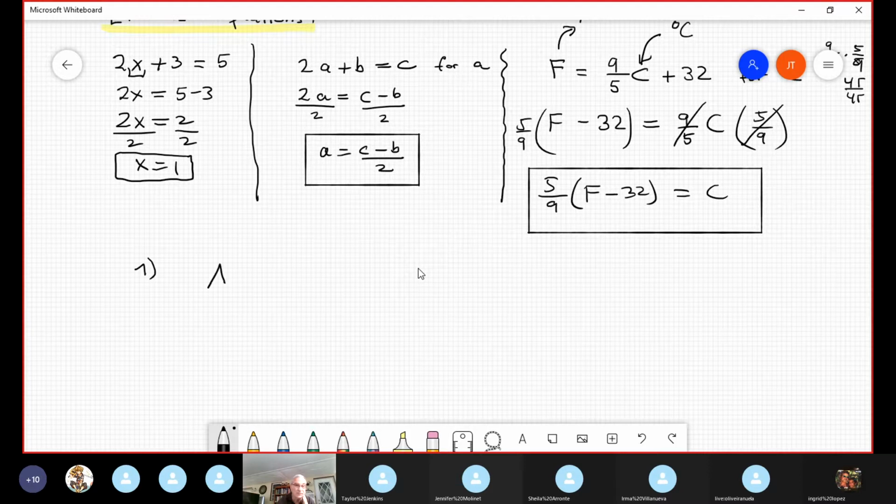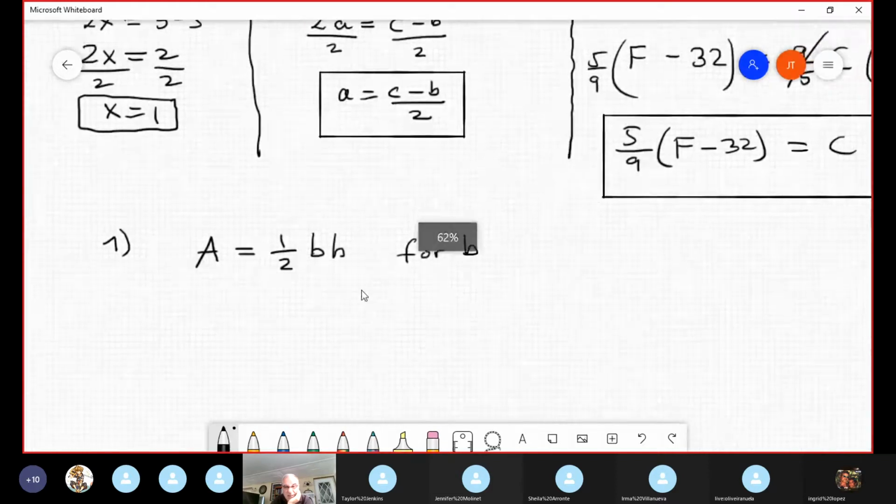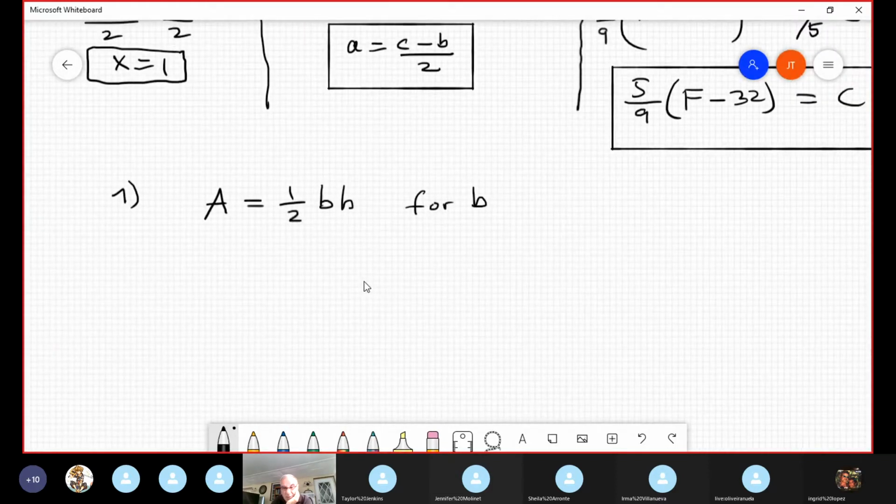Okay, capital A is equal to 1/2 b h, and solve for b. Ooh, this is a classical formula in geometry. Let me recall your memory, it is about the area of a triangle.